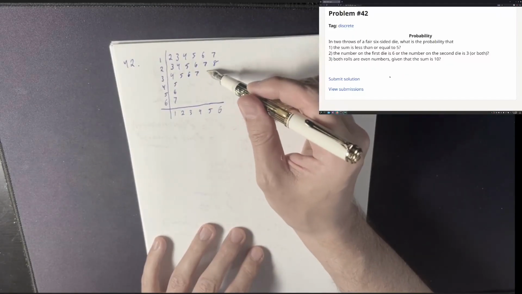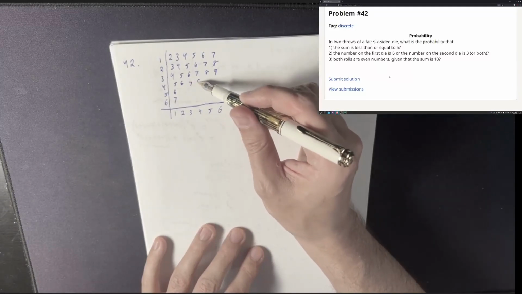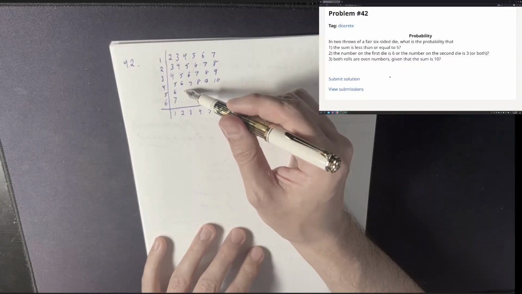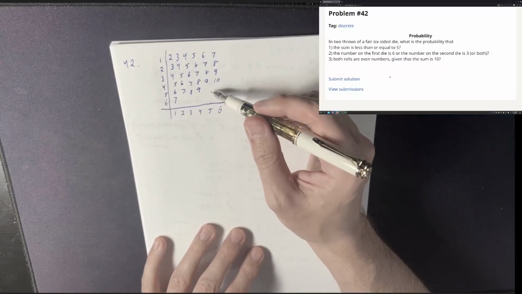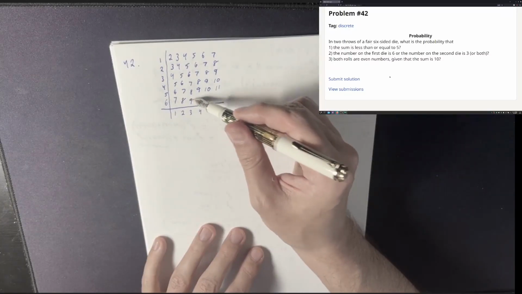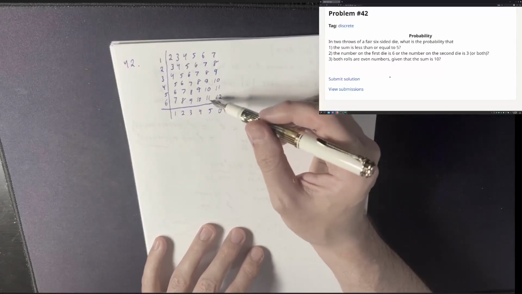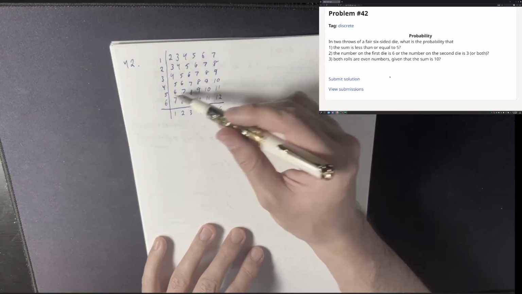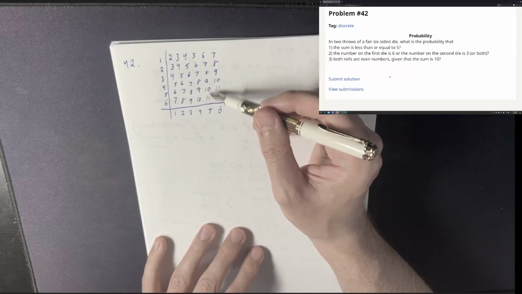It's not like red 6, blue 6 is different from blue 6, red 6. But otherwise, the order matters. Getting a 6 and then a 5 is different from getting a 5 and then a 6. But getting a 5 and a 5 is just the same as a 5 and a 5. All right, so 5, 5.